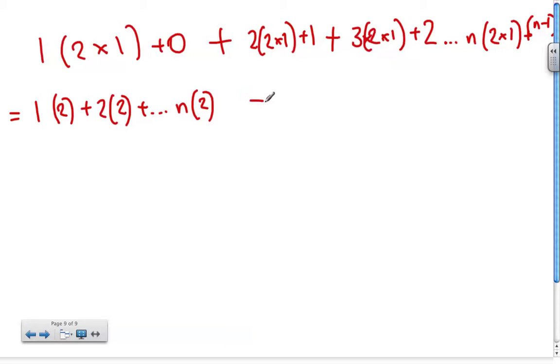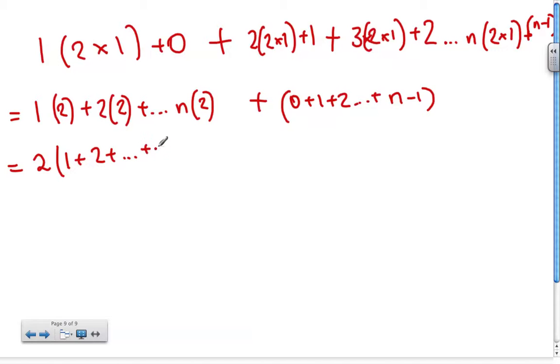And then I grouped all the bits that I was adding on, so the 0 plus 1 plus 2 dot dot dot plus n minus 1. Then for the first part, I took out 2 as a factor. So I had 2 lots of, and then inside 1 plus 2 plus all the way to n. And then just the 0 plus 1 plus 2 all the way to n minus 1.